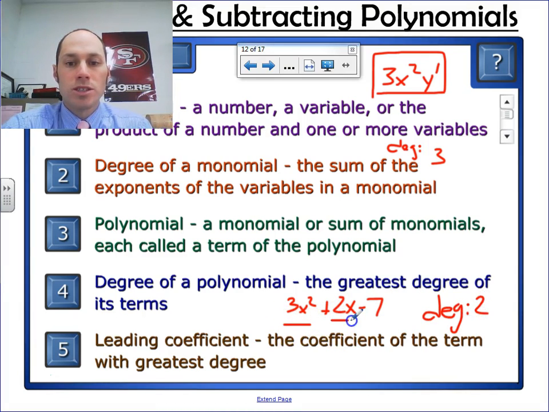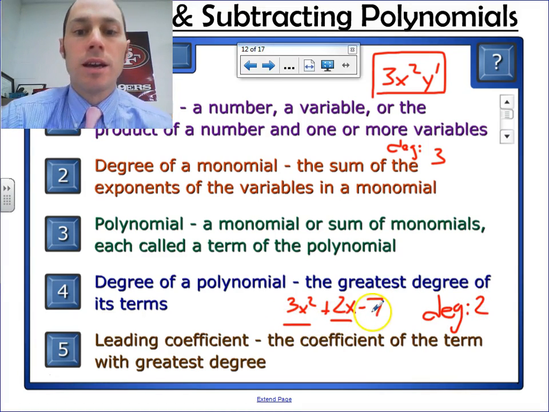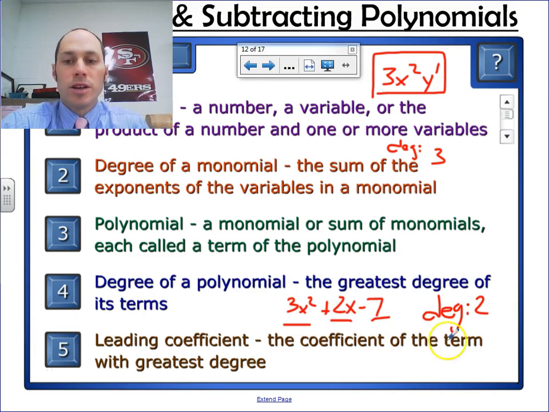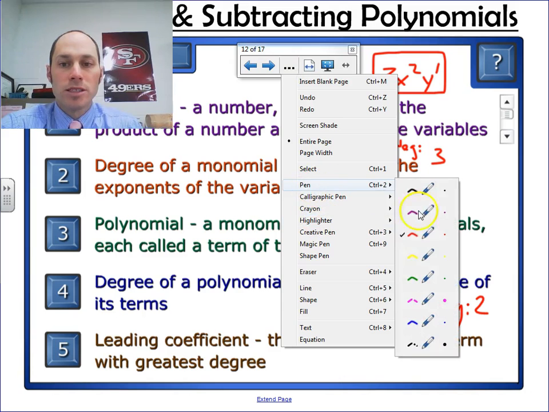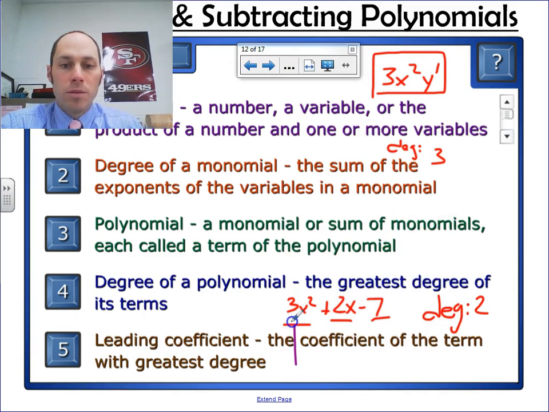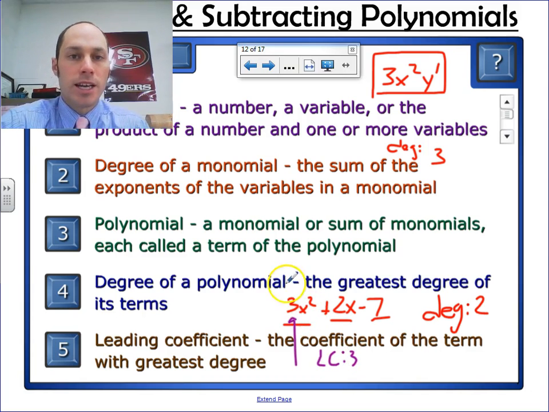This one is degree 2, this term is degree 1. This is degree 0, so the highest is 2, so this would be a second degree polynomial. And we see we have three different terms, so it would be a trinomial. When we talk about the leading coefficient, that's the coefficient of the term with the greatest degree. So that would be the 3 here. The leading coefficient would be 3, since that's the highest degree.